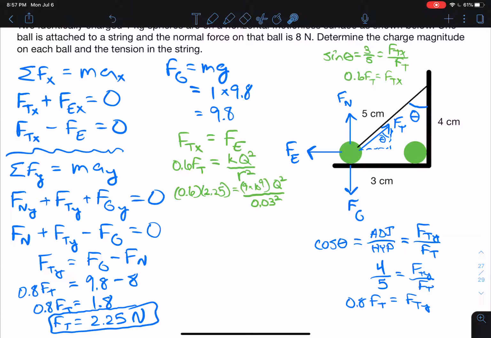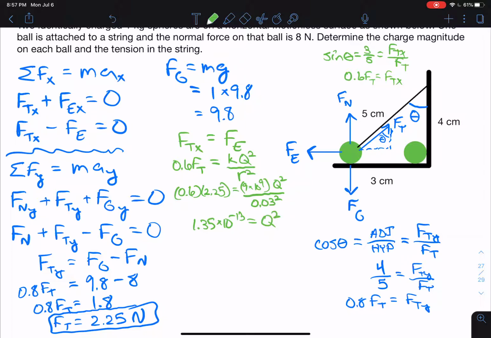Okay, so now it's just a matter of solving for Q squared. So I do 0.6 times 2.25, and then I multiply by 0.03 squared and divide by 9 times 10 to the 9th. And I get 1.35 times 10 to the negative 13th equals Q squared.